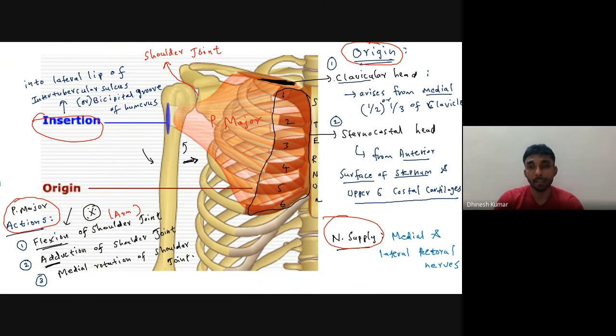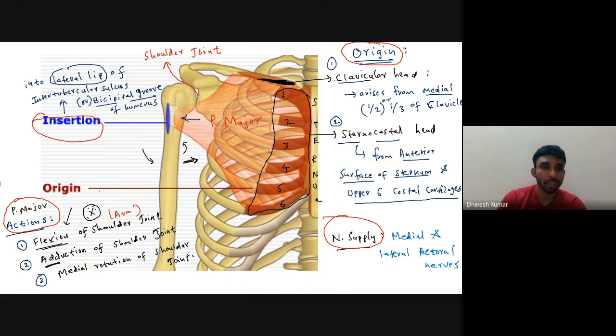That's why it is called the sternocostal head. And for insertion, all the fibers are getting inserted into the lateral lip of the intertubercular sulcus, otherwise called the lateral lip of the bicipital groove of humerus bone.